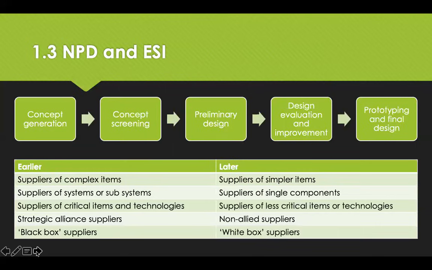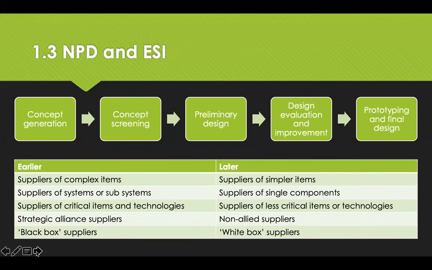This collaboration is variously termed co-design, co-development, co-manufacturing or co-marketing. And then we've got ESI, which stands for Early Supplier Involvement. So the typical stages of that are at the bottom, and it's important to note that these are indicative and not necessarily the same in every single example that you would use.